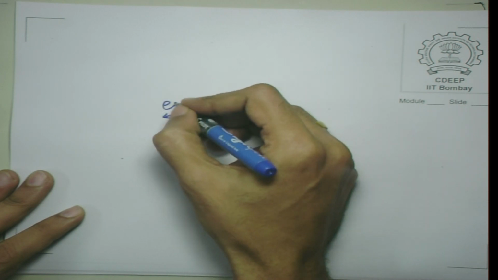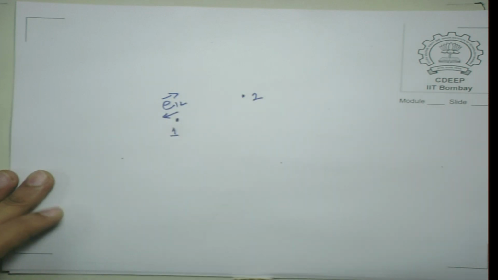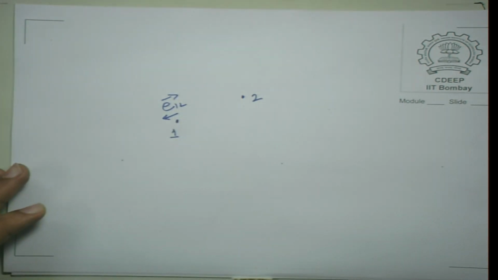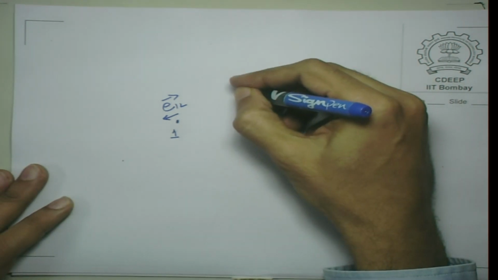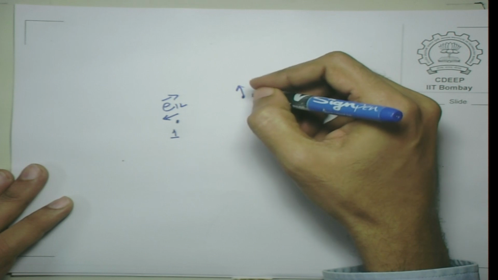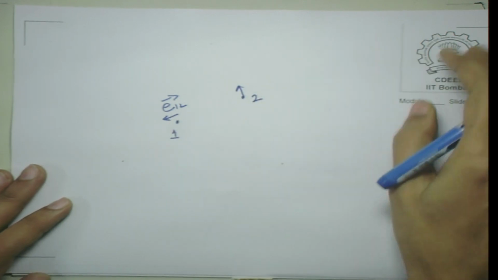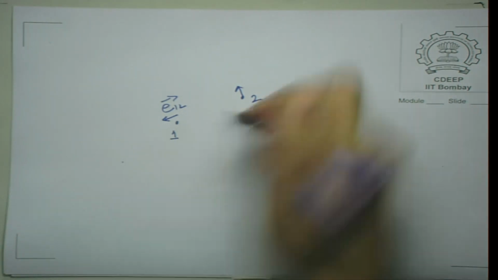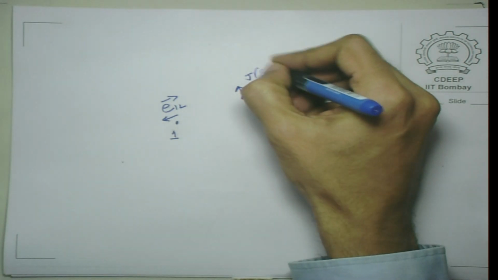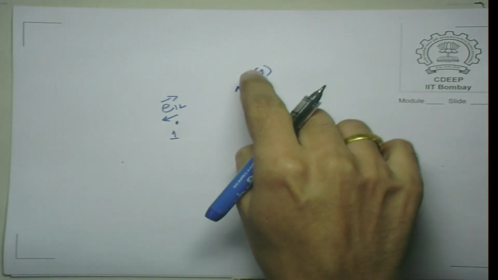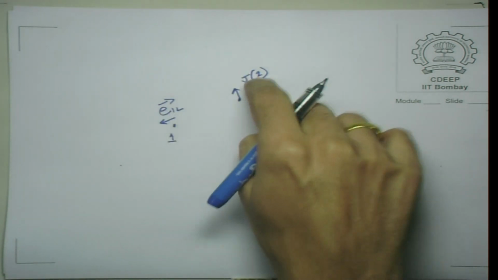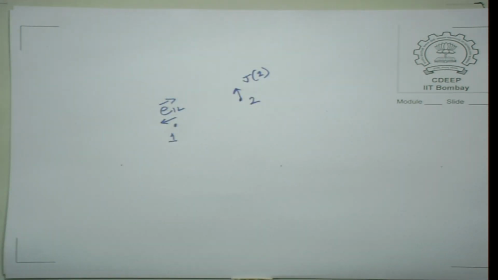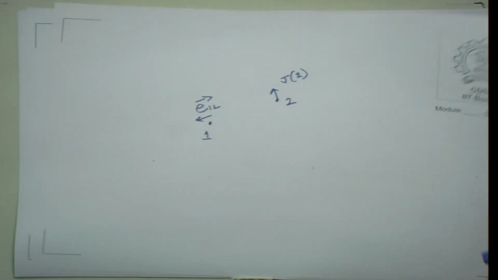So, this is what I meant by E12. If you have a current density at this point in this direction and E12 is in this direction, what you need to do is the cross product of J into E12, where J is the local current density at this point. J cross E12 has to be used in Biot-Savart's law, and therefore you will get the formula which is given there.